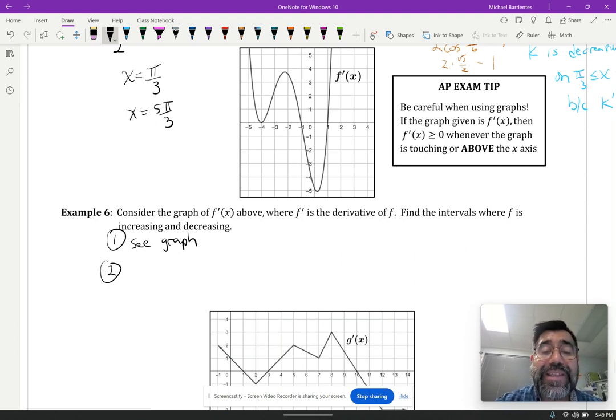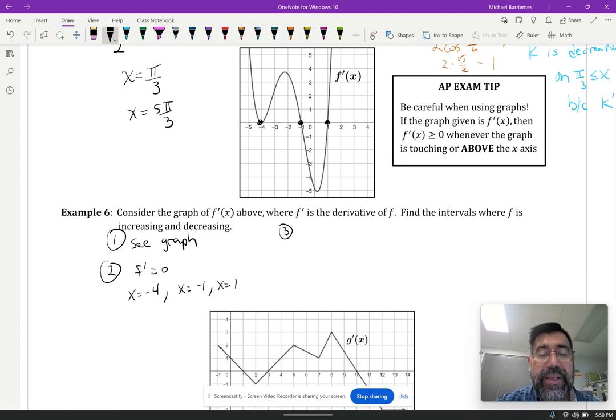So when is this graph, which is the graph of the derivative, equal to 0? Well, it's equal to 0 here, here, and here. So this graph is equal to 0 at those 3 points. That means f prime is equal to 0 at x equals negative 4, x equals negative 1, x equals positive 1. I'm doing this just to practice the process.